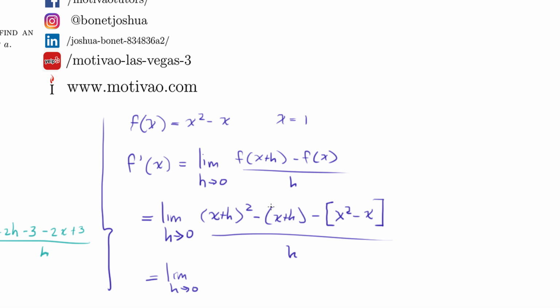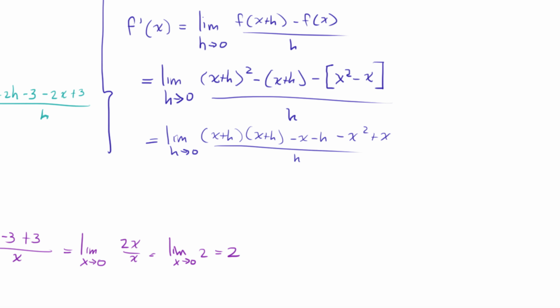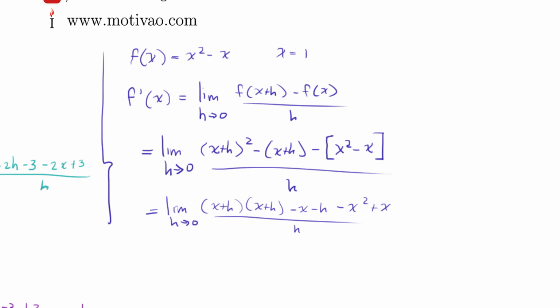Notice that (x plus h) squared, you get a FOIL. So that means multiply it twice. The negative here distributes, so negative x minus h. And the negative here also distributes, so minus x squared plus x over h. Let's go this direction.